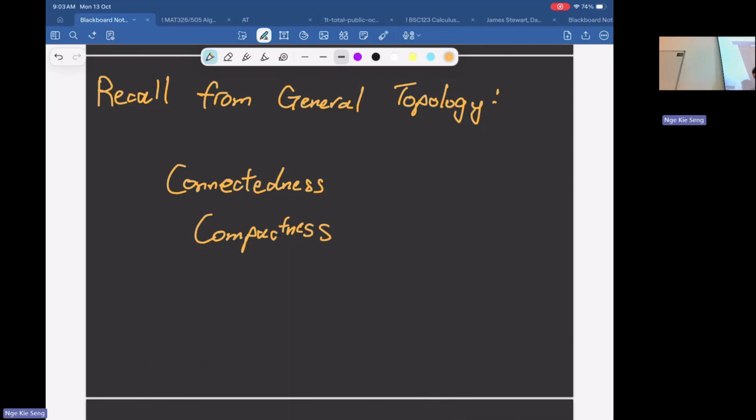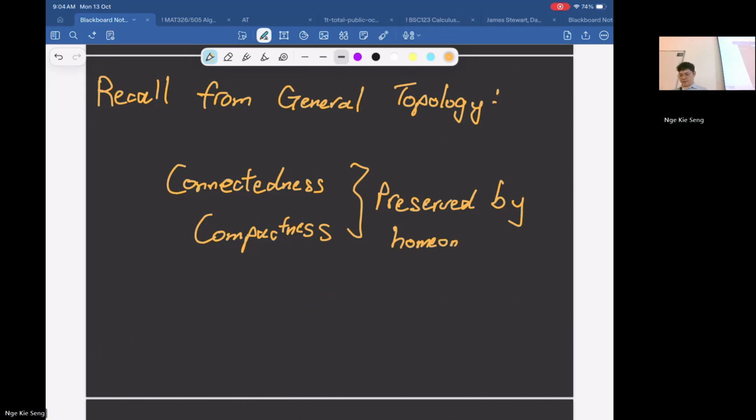If you have a connected space and you apply a homeomorphism, then the image is still connected. If the space is compact, the homeomorphic image of a compact set is still compact. Okay, so these two properties are preserved by homeomorphism.